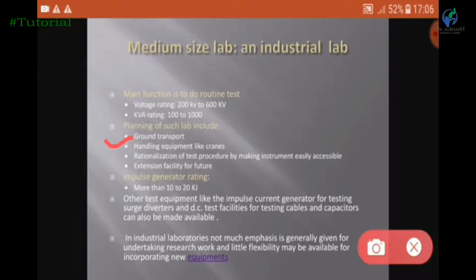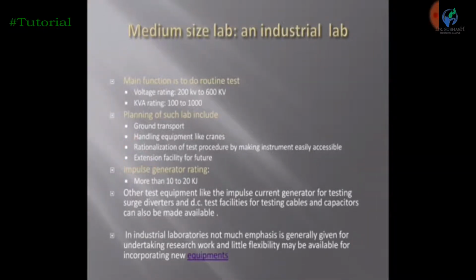Extension facility for the future. This is very important, because most researchers are doing research on how to increase the voltage. So in future, extension may be done in the lab. So an extension facility for the future should be there in planning. Impulse generator rating is more than 10 to 20 kilojoule.